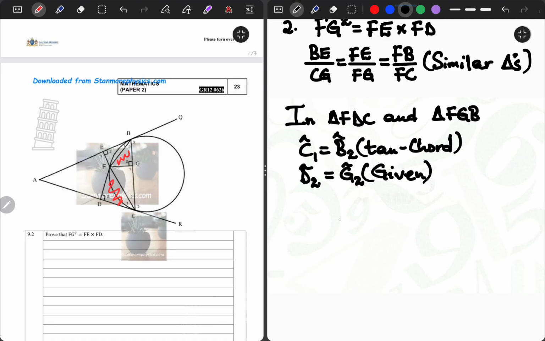And the third one will be angle DFC equals to angle GFB as being third angle of triangle.